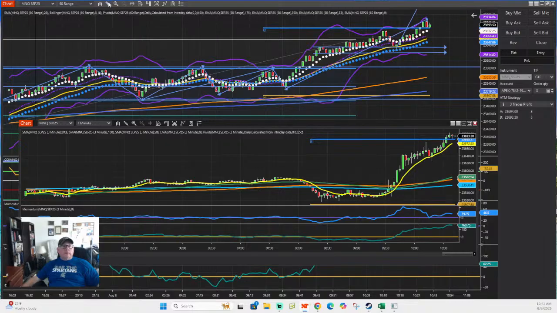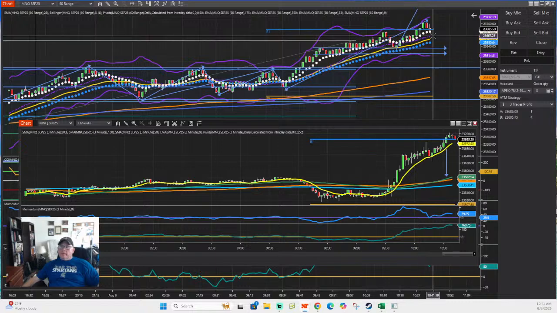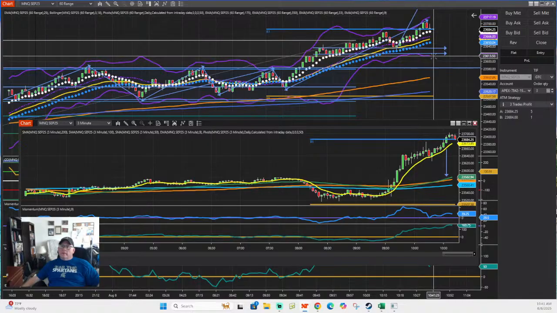Although, when you're looking at things, right? Look at that retracement that could come in today. Mean regression back down this way. There's two.